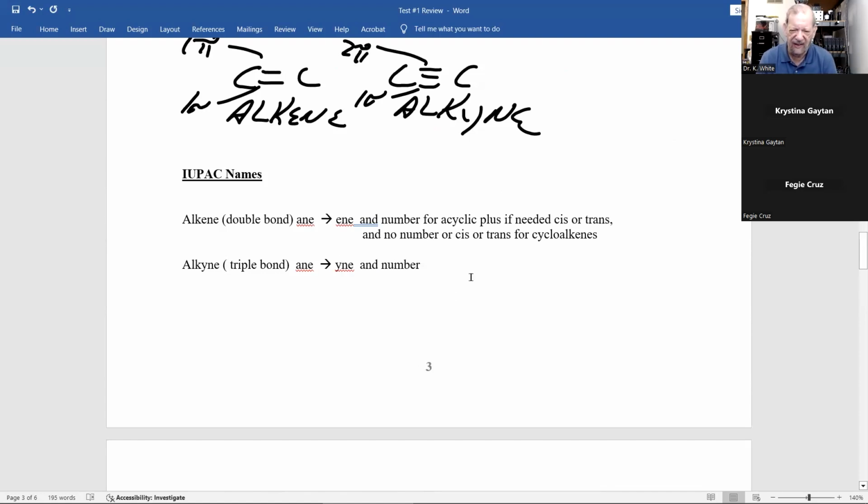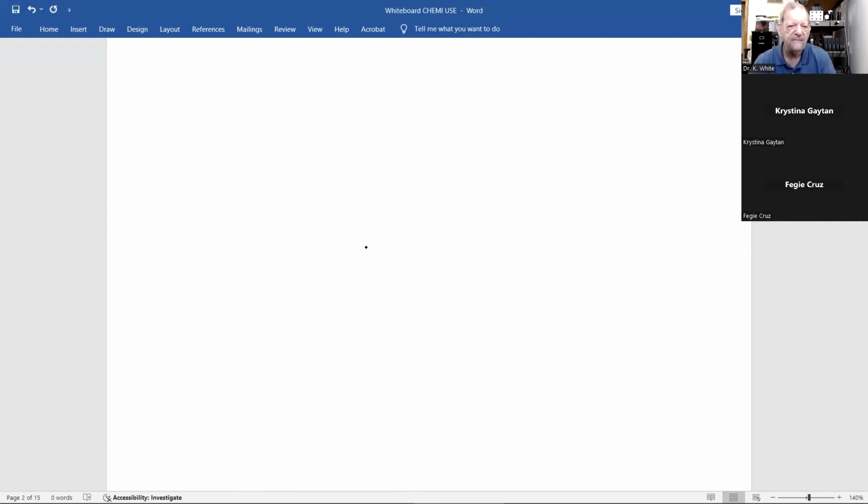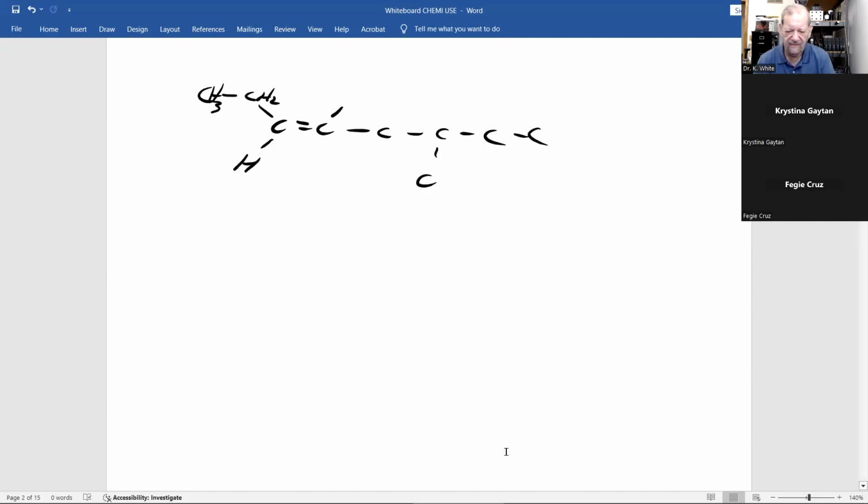In a cycloalkene, one of the carbons of the double bond is always 1. So let's take a quick look at this. Just checking to make sure you see the right slide, and you are.